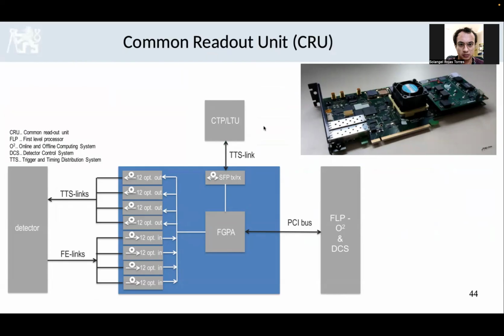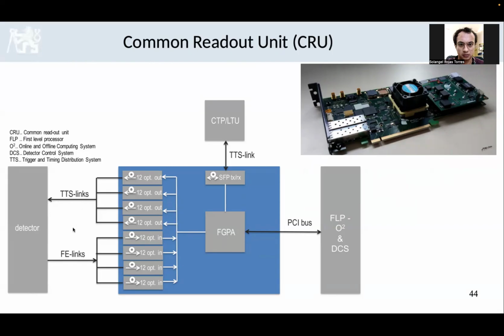Again, the common readout unit takes information from a special link from the detector. It is a trigger, so the detectors get the trigger information. The FPGA, yeah, okay, FPGA.